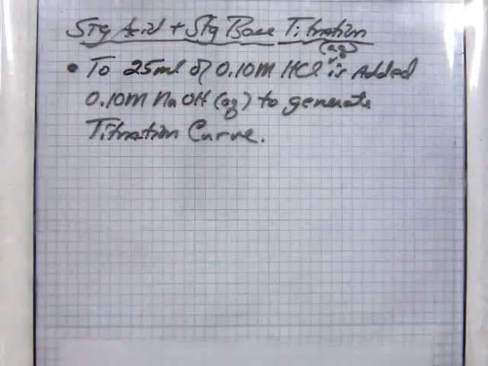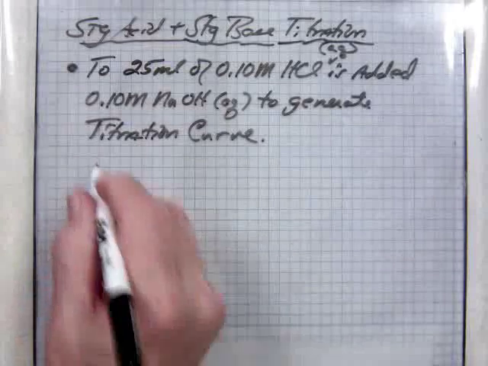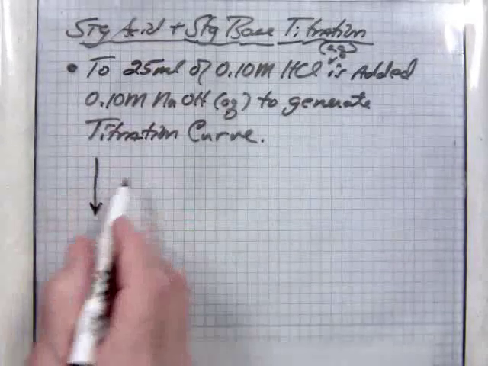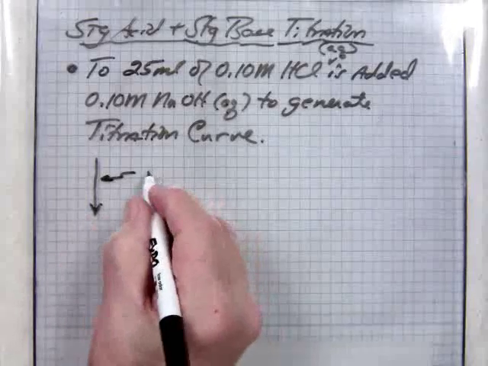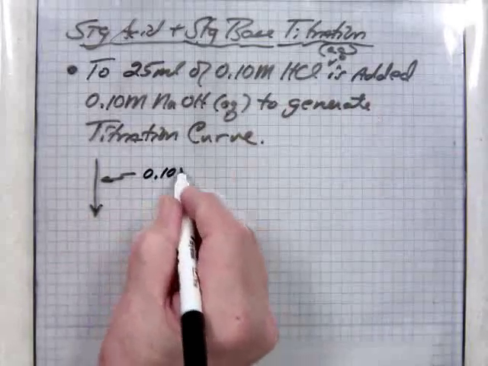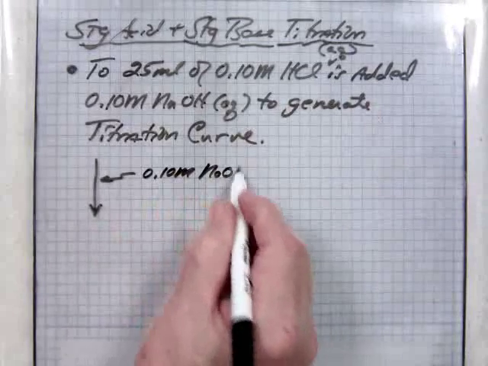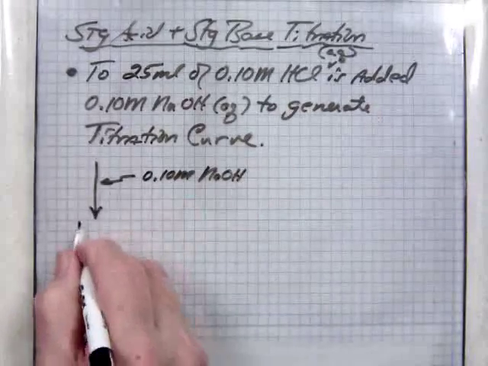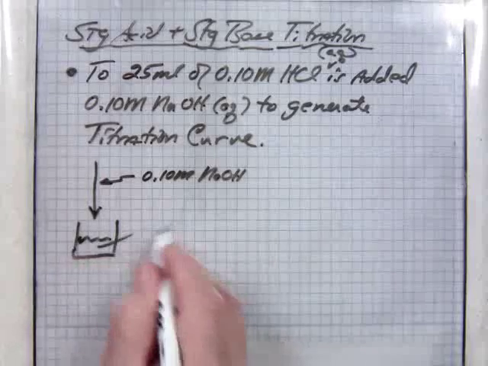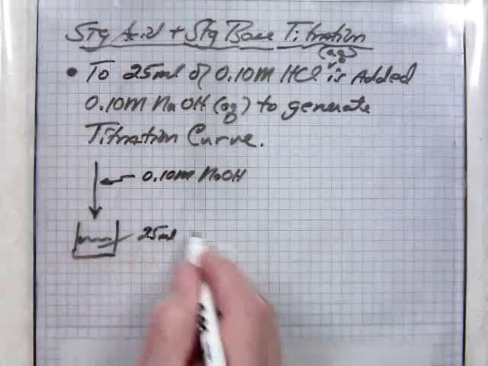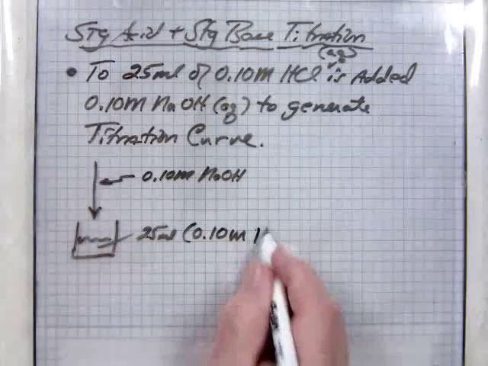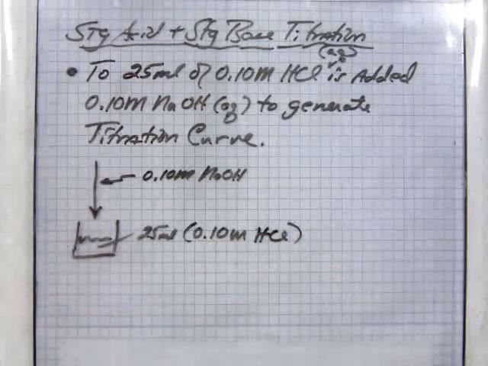So everybody knows what a titration is now. So fundamentally we're going to have the base titrant, the 0.10 molar sodium hydroxide here, and then we're going to have 25 milliliters of the 0.10 molar hydrochloric acid solution.